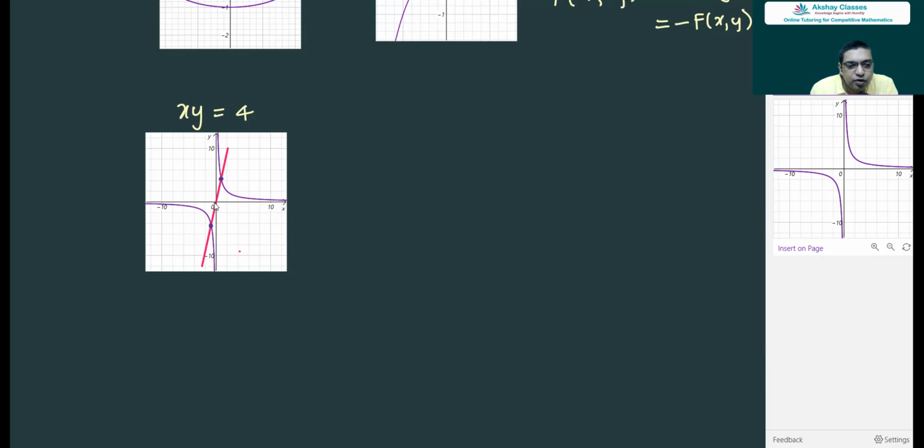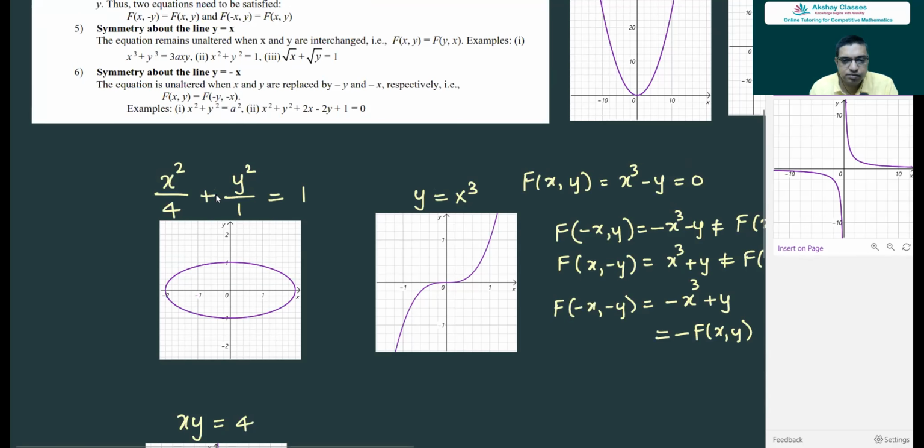This chord will be bisected at the origin for every point on the curve. You draw any line that will cut the curve at 2 points, and if that line is passing through the origin, the origin will be the midpoint. That is the symmetric nature across the origin.